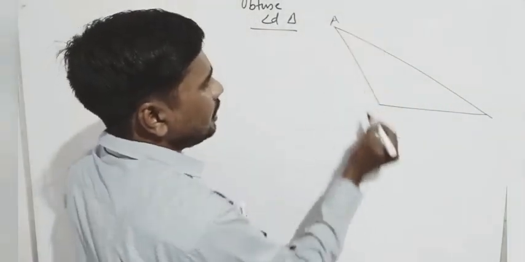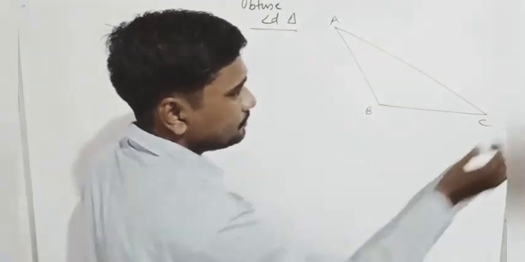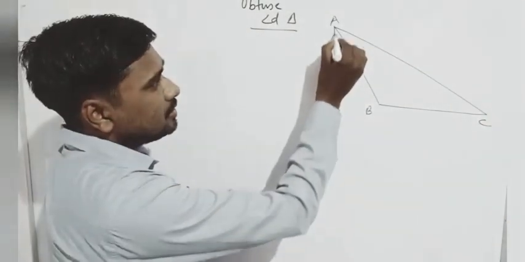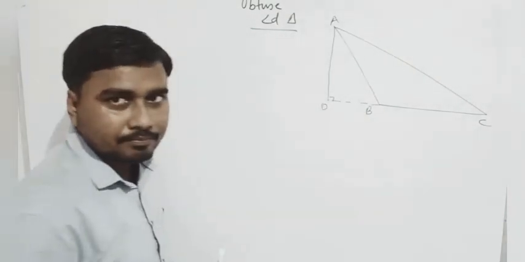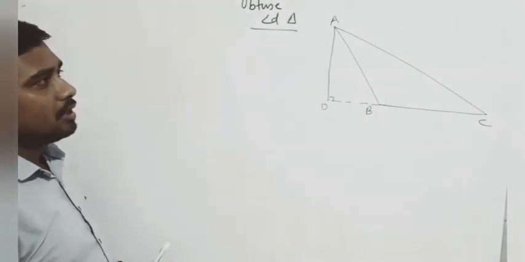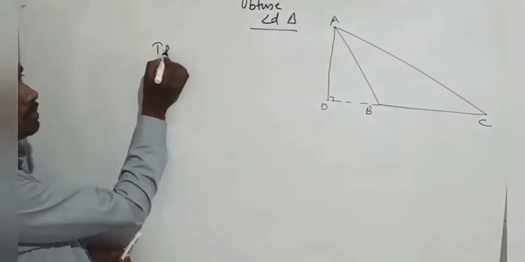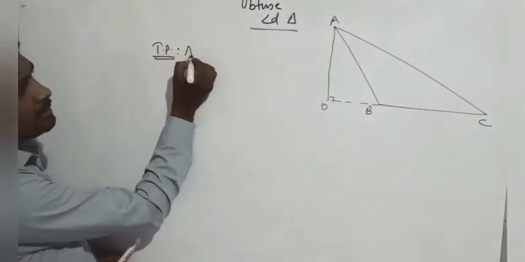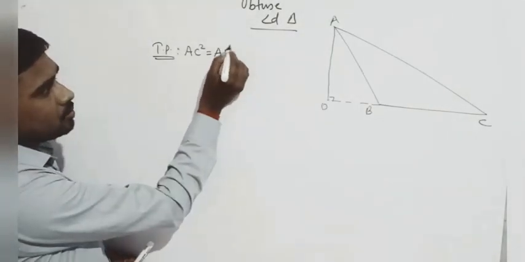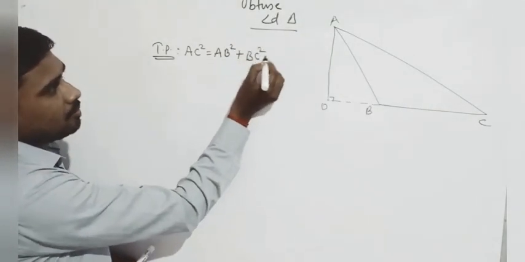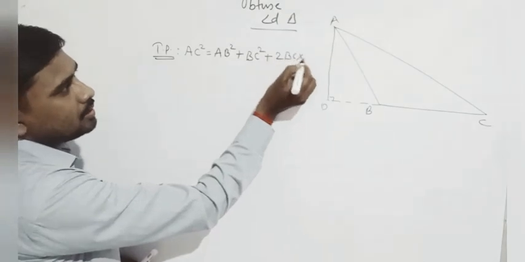This is A, B and C, and a 90-degree perpendicular is drawn when BC is produced to D. So in obtuse angle triangle, what do we have to prove? That AC square is equal to AB square plus BC square plus 2 into BC into BD.